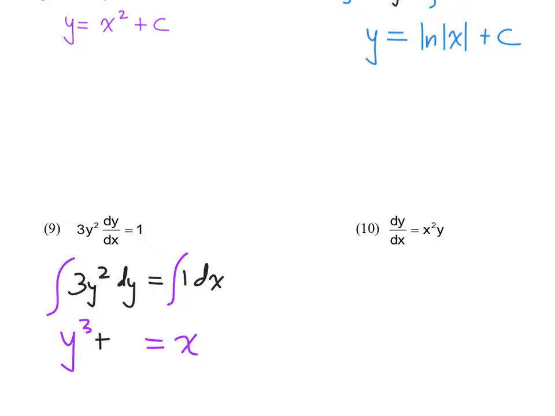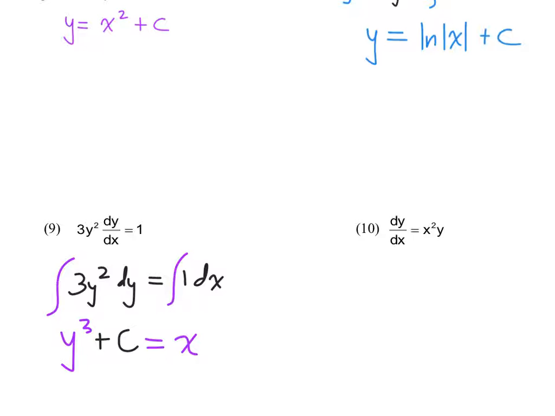The reason I'm thinking that is because generally what we had been doing is solving for one variable in terms of the other, but explicitly. So y in terms of x. This one kind of naturally worked out to be x in terms of y. So if that's the case, you're not really accomplishing much by saying y cubed equals x plus c.